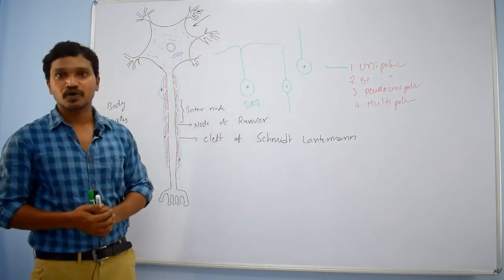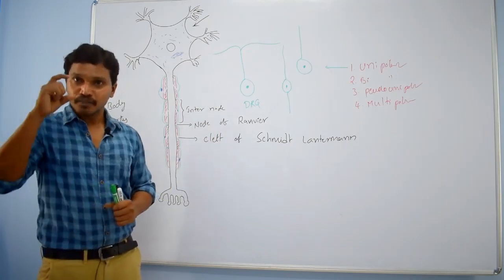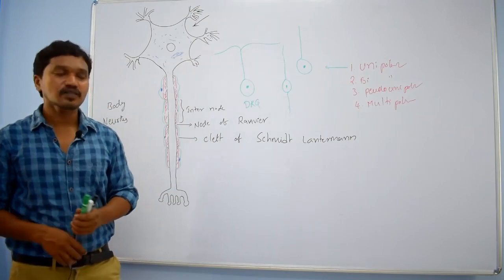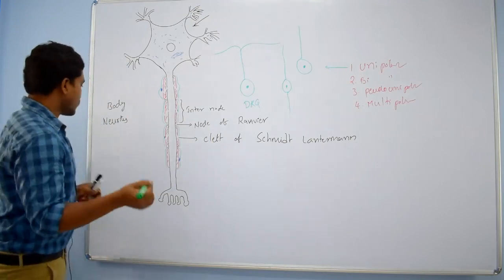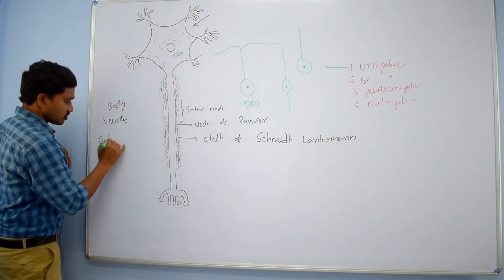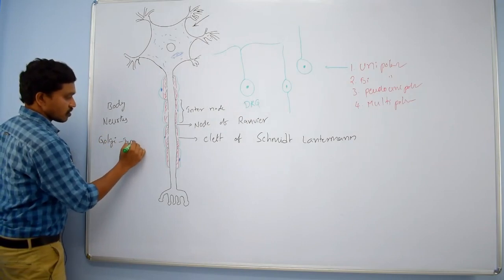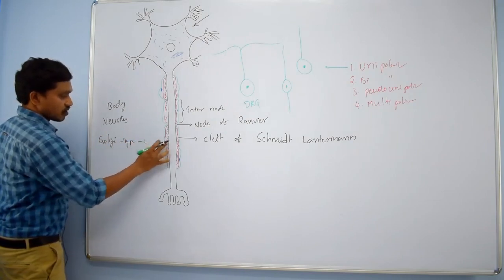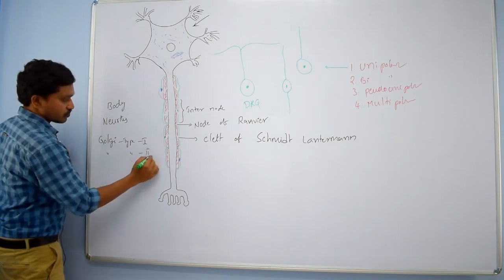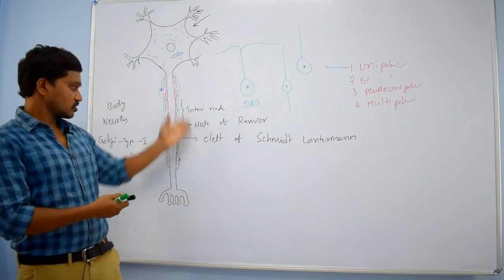But if you take it based on the length of the axon, it will be divided into Golgi type 1 and Golgi type 2. Golgi type 1 neurons are the most common type.